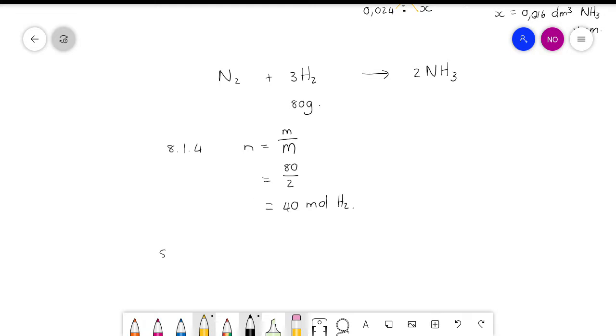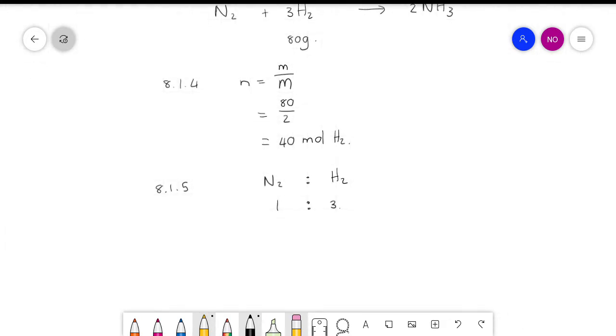So ons is by 8.1.5. Sê hulle vir jou bereken die volume van die stikstofgas wat gebruik is. Now remember, we know it's in a relationship of 1 to 3. Hoeveel mol waterstofgas het gereageer?